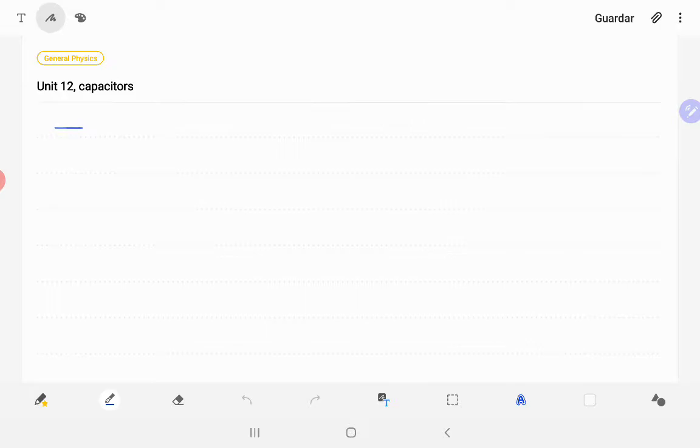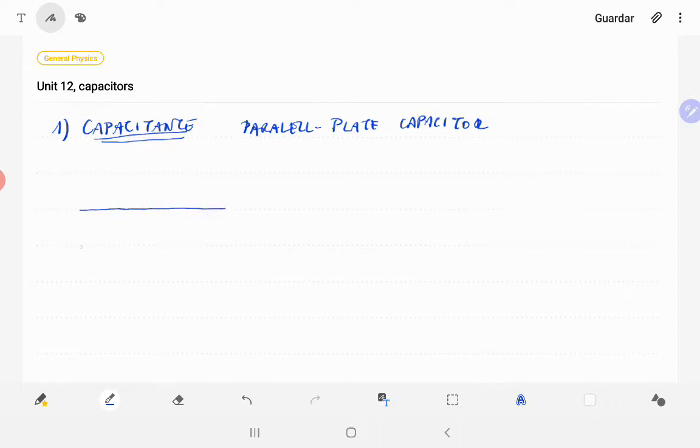So, as I said, we're going to begin with the capacitance. And in particular, we will focus on the parallel plate capacitor. For this capacitor, I was telling you that you had two plates. That's the one on top. This is the one on the bottom side.